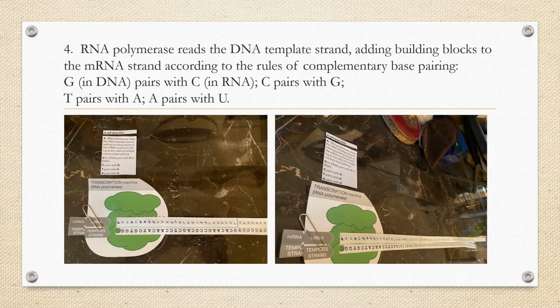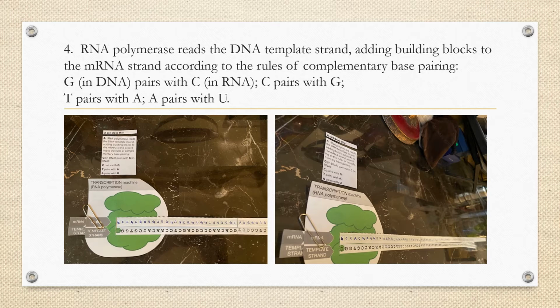Fourth, RNA polymerase reads the DNA template strand, adding building blocks to the mRNA strand according to the rules of complementary base pairing. G in DNA pairs with C in RNA.